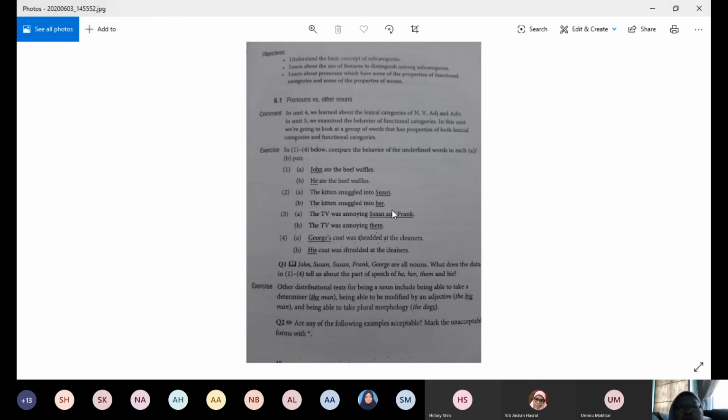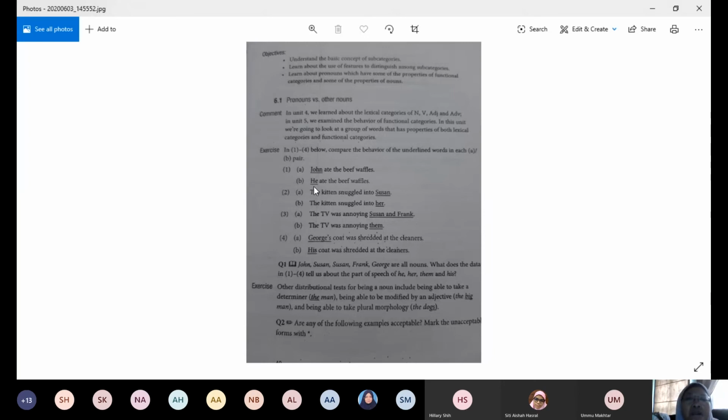Her, he, her, them, and his. So it's the same thing that we've seen in that paradigm just now, okay? That pronouns can happen in places where nouns can happen.